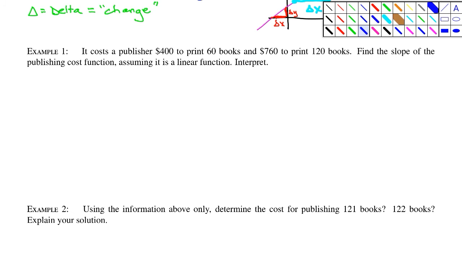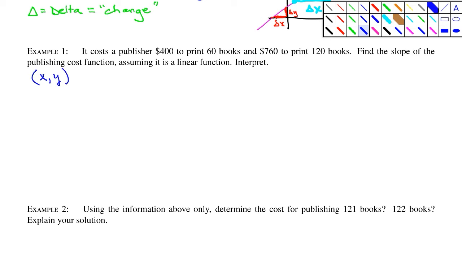Example number 1. It cost a publisher $400 to print 60 books and $760 to print 120 books. Find the slope of the publishing cost function, assuming it is a linear function, and then interpret. So first thing we want to do is we want to get some ordered pairs here.